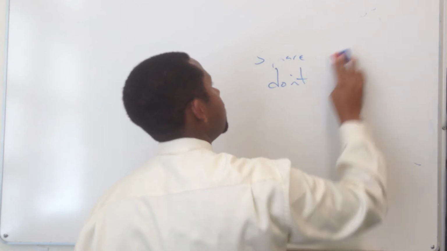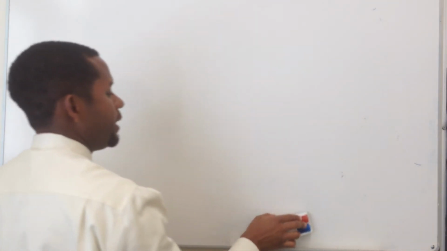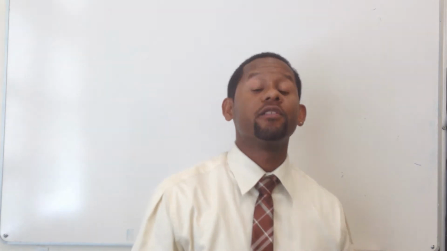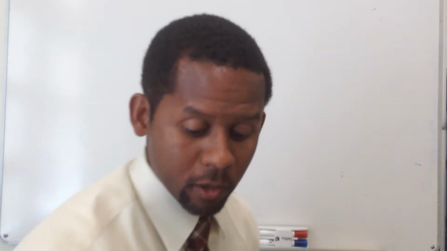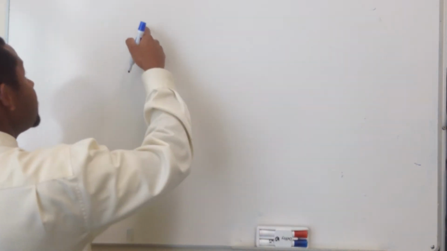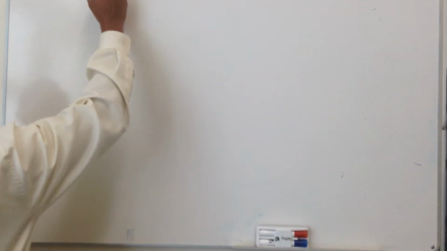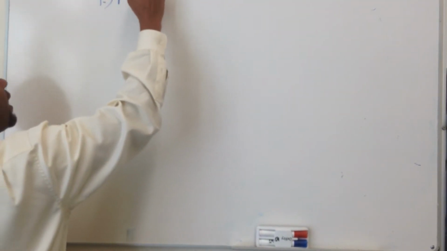What I want you to do is write this down and answer these. Those of you who listen to the videos will answer them correctly, hopefully. Let me go back to this page, I want to say it was page 19. Number 1: give me a rational number that isn't whole.